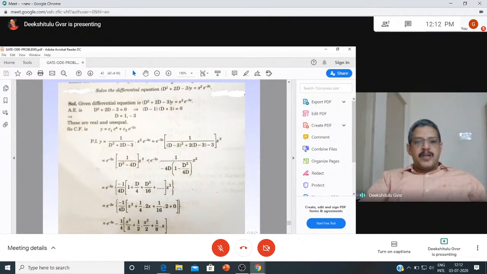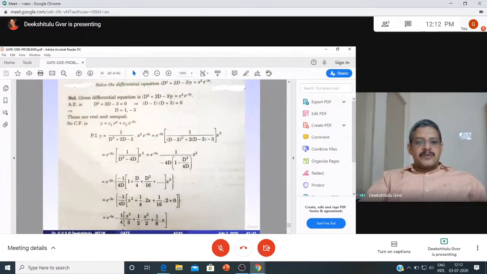Because for a polynomial function I want increasing powers of D, minus 1 by 4D, if I take it common, 1 minus D by 4, operated on x square. So minus 1 by 4D (1 plus D by 4 plus D square by 16, and so on). So this is what we get: minus 1 by 4, x square, and then integrate, we get a solution like this.